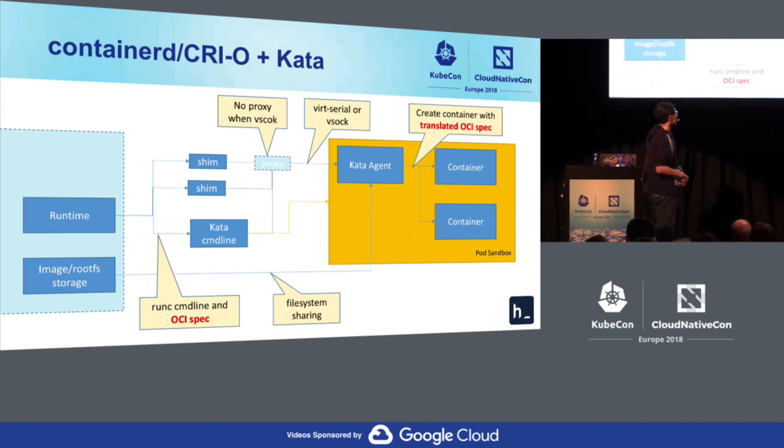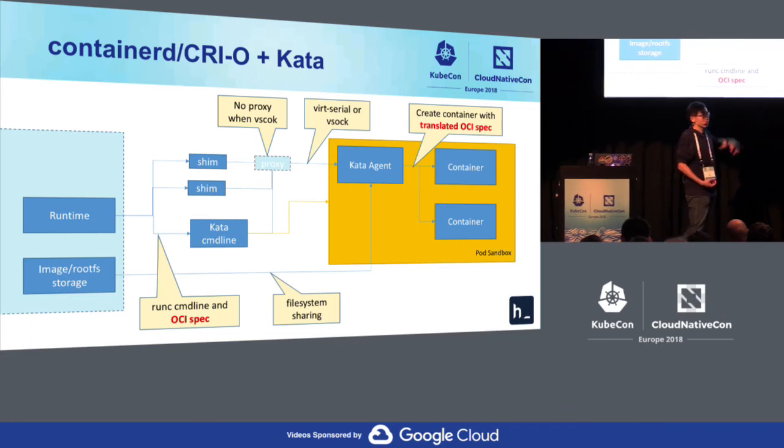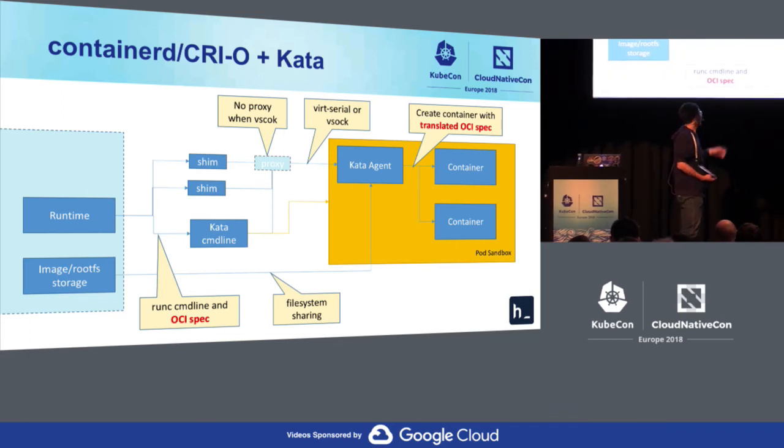So the Kata agent itself becomes a gRPC server, and the shim and the Kata command line will connect to the VSOCK to send commands to the Kata agent.